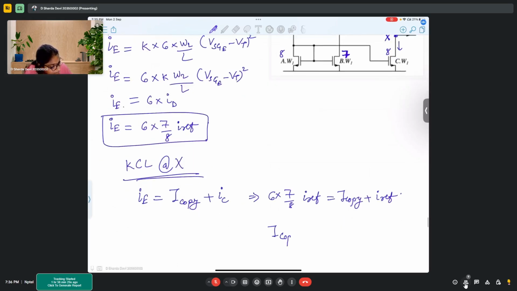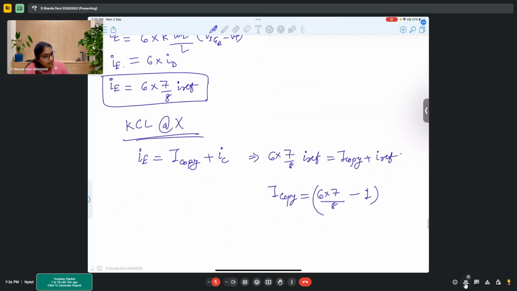So I copy becomes 6 into 7 by 8 minus 1. This is basically 42 minus 8 by 8 IREF. So I copy is 34 by 8 IREF.